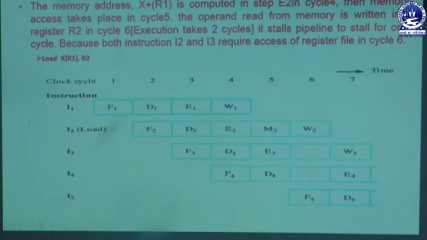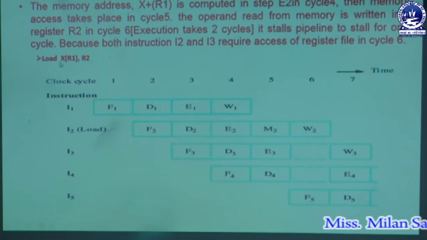Here you can see, because the I2 instruction is this Load X(R1), R2, that means whatever data is present at that address location, I will find by adding this offset value with R1, and R1 will contain one memory location.